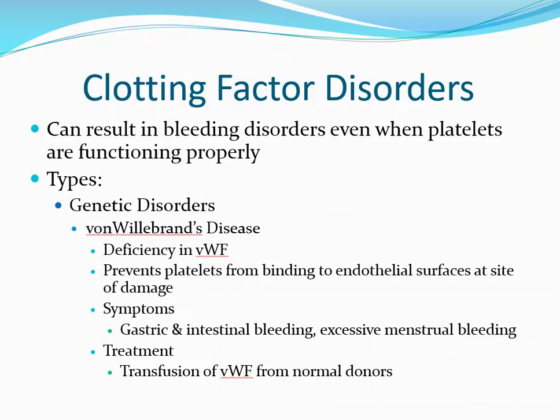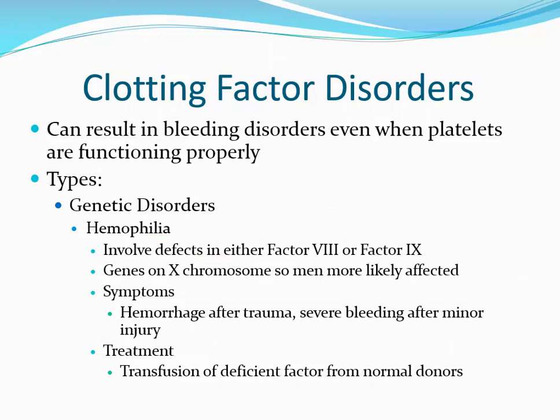Symptoms will include gastric and intestinal bleeding and excessive menstrual bleeding in women. Treatment would be transfusions of VWF from normal blood donors. Another genetic condition is hemophilia. Two common types of hemophilia involve defects in either clotting factor number 8 or clotting factor number 9. The genes for these two factors are found on the X chromosome.